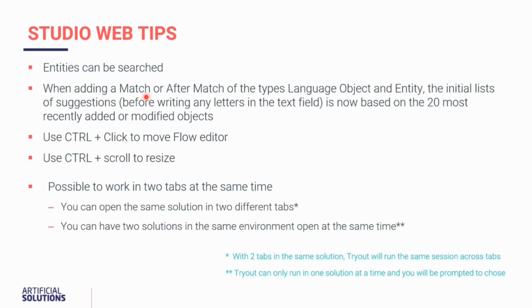Keeping in mind, though, that if you work in 2 different solutions on the same environment, then tryout will only work in one of them. So you will have to decide which one you need to use tryout in, because you only have one tryout engine available when you work inside your profile.